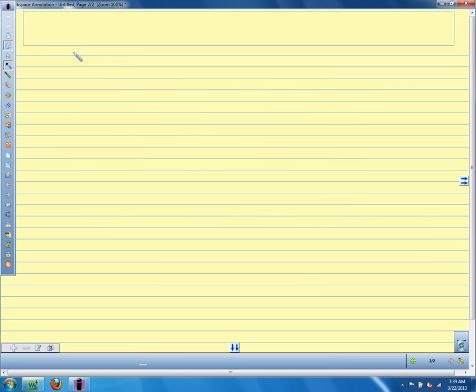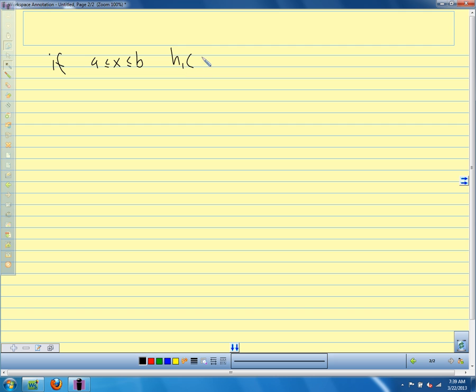So if a is less than or equal to x, less than or equal to b, and we have some function of x, h1(x), is less than or equal to y, less than or equal to some other function of x, h2(x), and we have some function of x and y, g1(x,y), is less than or equal to z, less than or equal to some other function of x and y, g2(x,y). So these are our boundaries, our limits for our integrals.